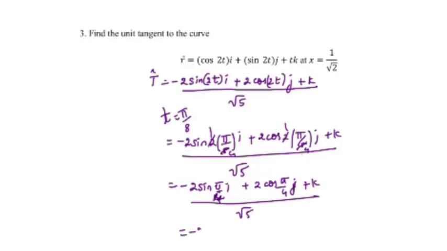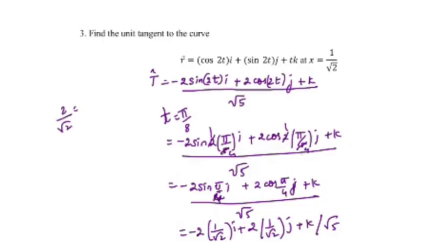Now minus 2, what is sin pi by 4? Sin pi by 4 is 1 by root 2. So it will be minus 2 into 1 by root 2 i plus 2 cos 45 degrees, again 1 by root 2, into j, plus k, divided by root 5. Now 2 by root 2 we can write as root 2 into root 2 divided by root 2.